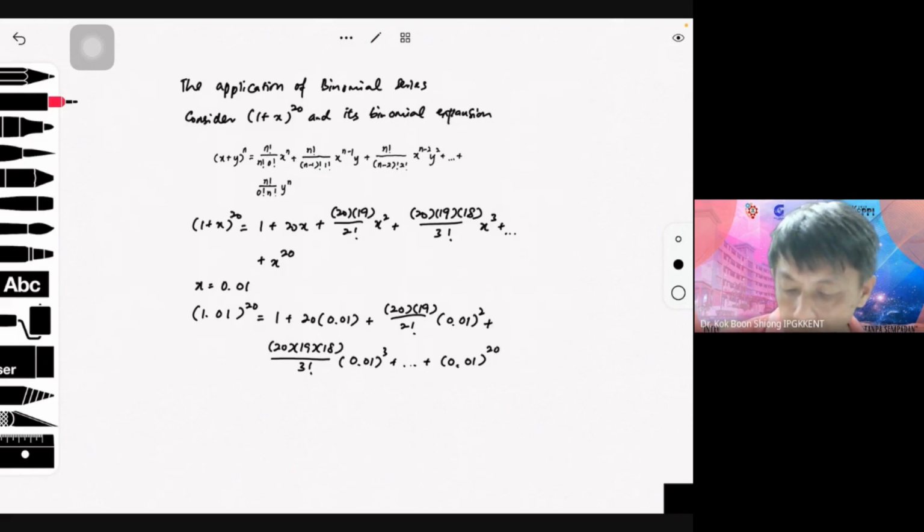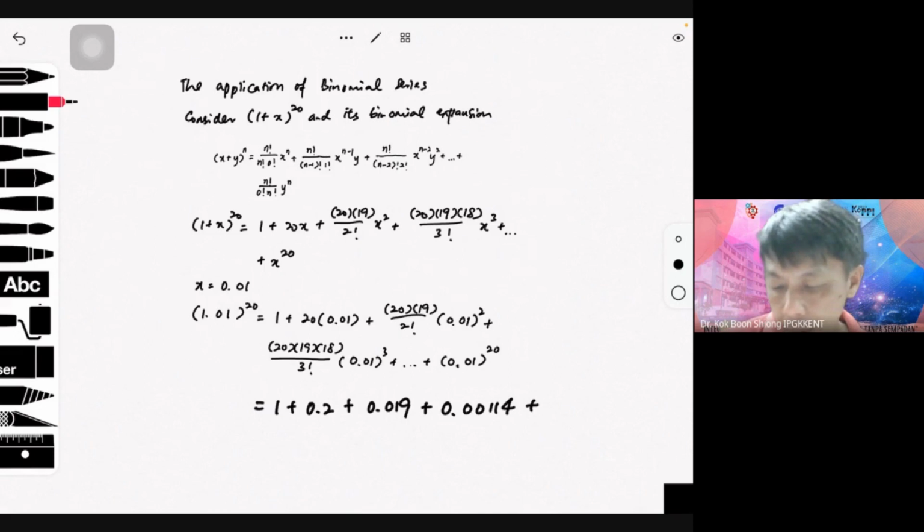So we will have 1 plus 0.2 plus 0.019 plus 0.00114 plus 0.004, and then plus the last term, which is 10 to the power of negative 40.